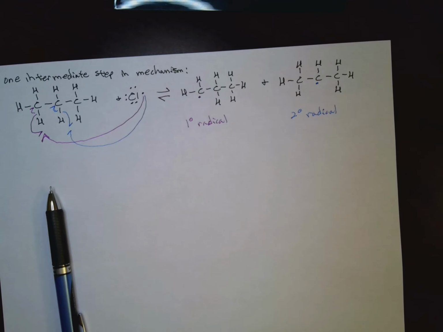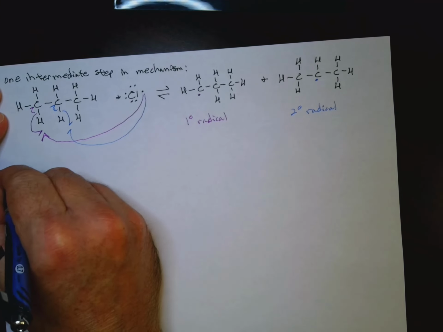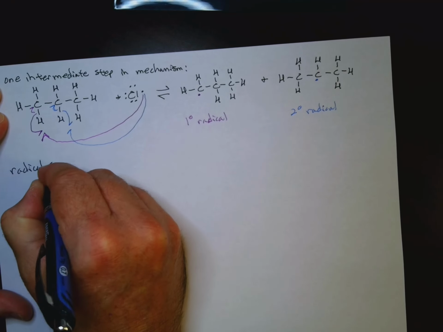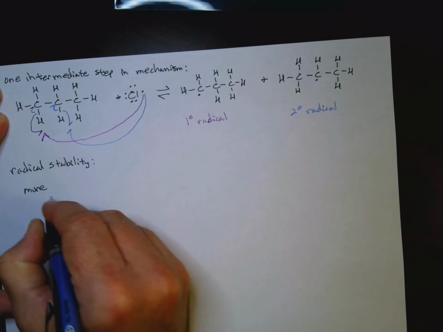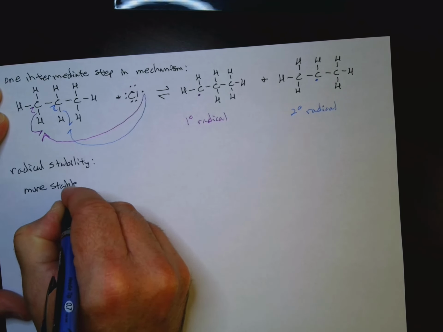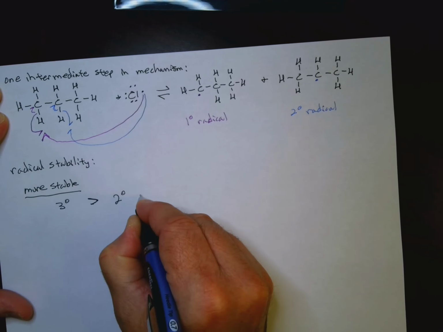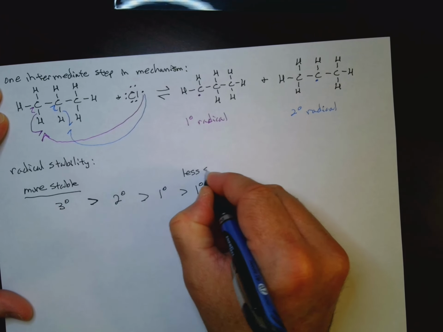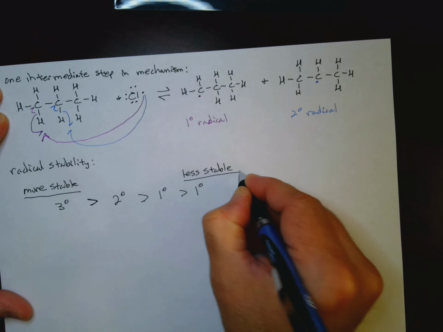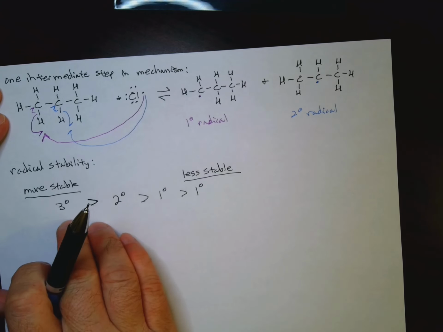And now these radicals follow a certain trend in stability that is actually the same as carbocations. So the more substituted we have our radical, the more stable it would be.